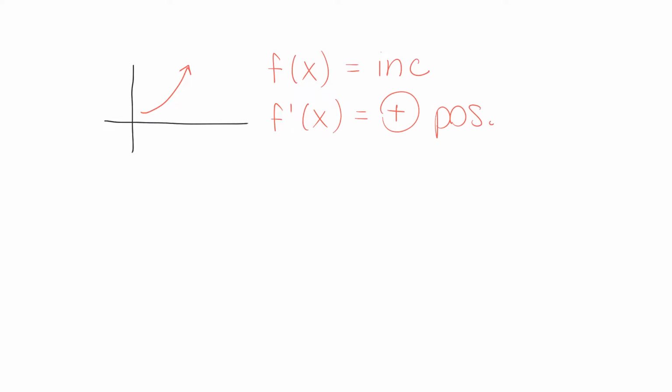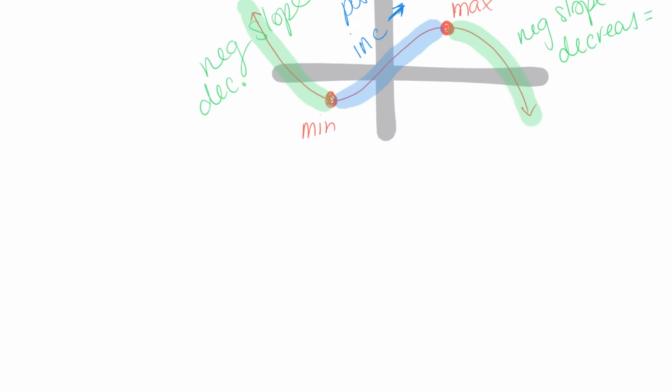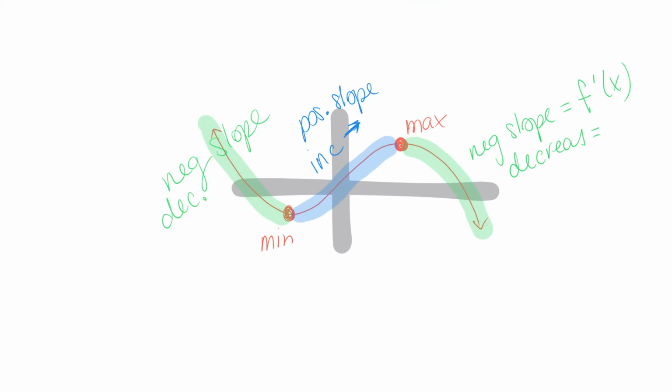So if we have a graph that is increasing, okay, the graph is going up in some way, shape, or form, so if our f of x is increasing, then the derivative of it must have what type of slope? It must have a positive slope, right? Isn't that what we just saw here? If it's increasing, the slope is positive.